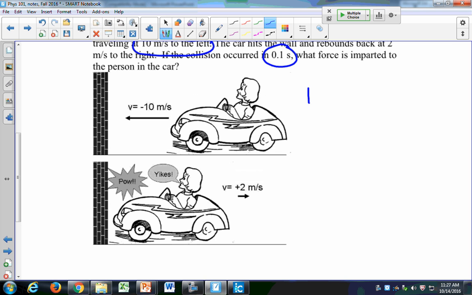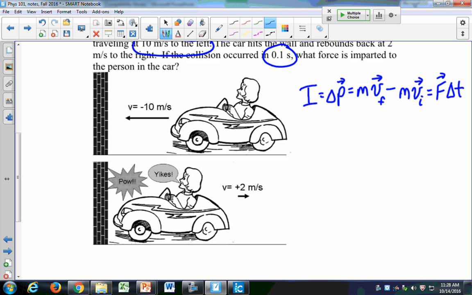I know that my impulse, which remember is my change in momentum, is equal to mass times the final velocity minus mass times the initial velocity. And that further, this is going to equal my force times delta t.